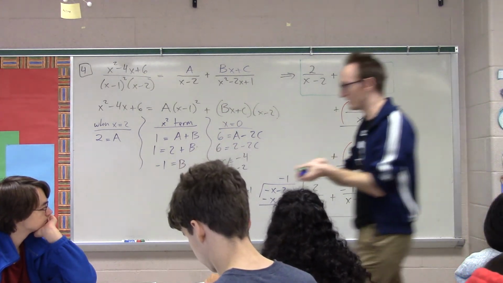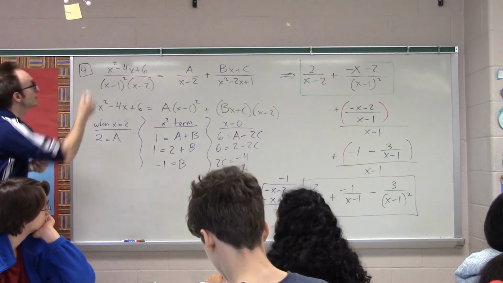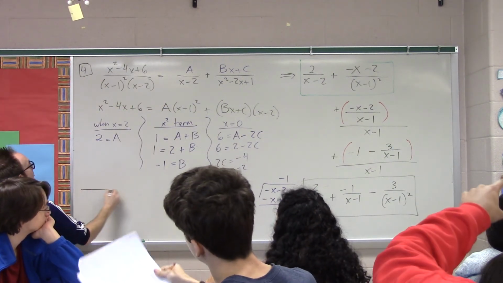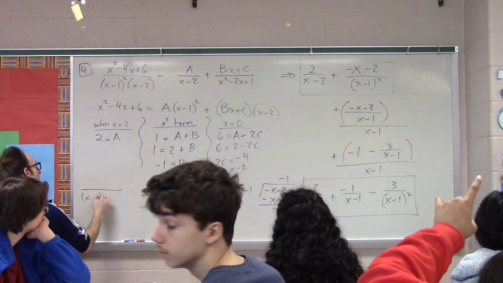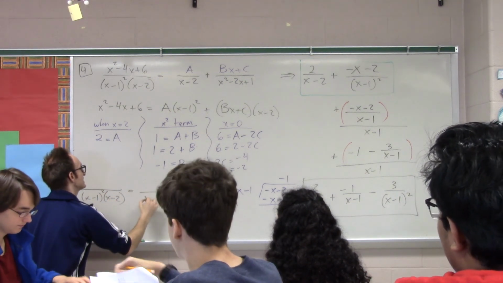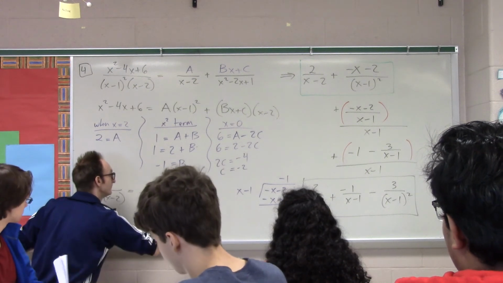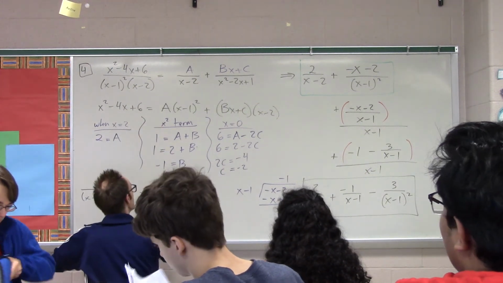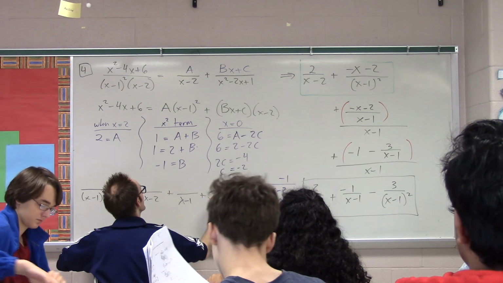And so, final small comment, in the future, when presented with this problem, x minus 1 squared, x minus 2, and knowing that this is always going to happen, we don't set it up like we did.